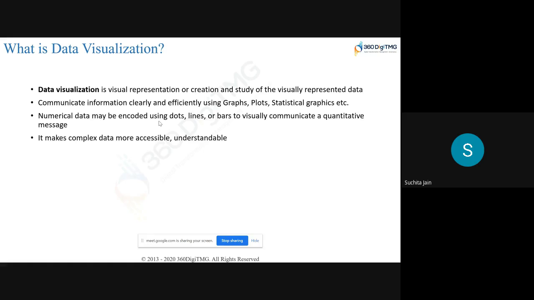So if I take the example again of Big Bazaar, on a daily basis they have a huge number of transactions happening. For a small item, maybe a tea or coffee, it is important to understand what kind of demand would be required. So even for forecasting, data visualization can be used and is used.